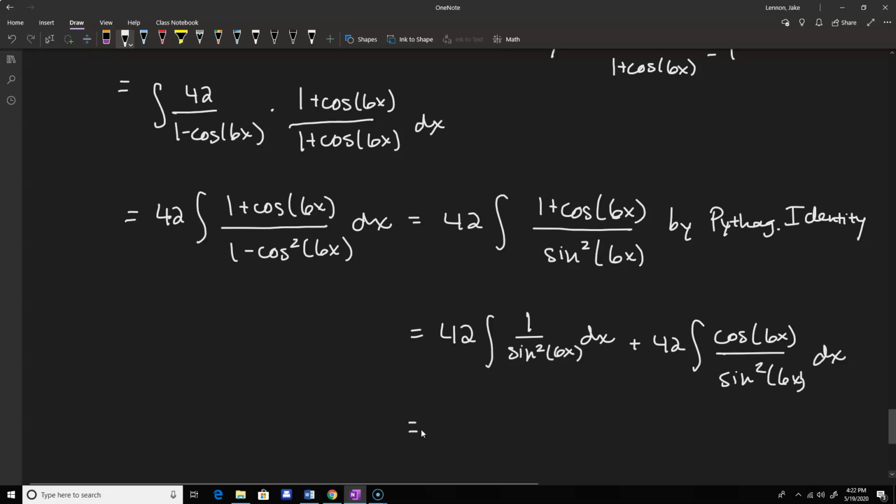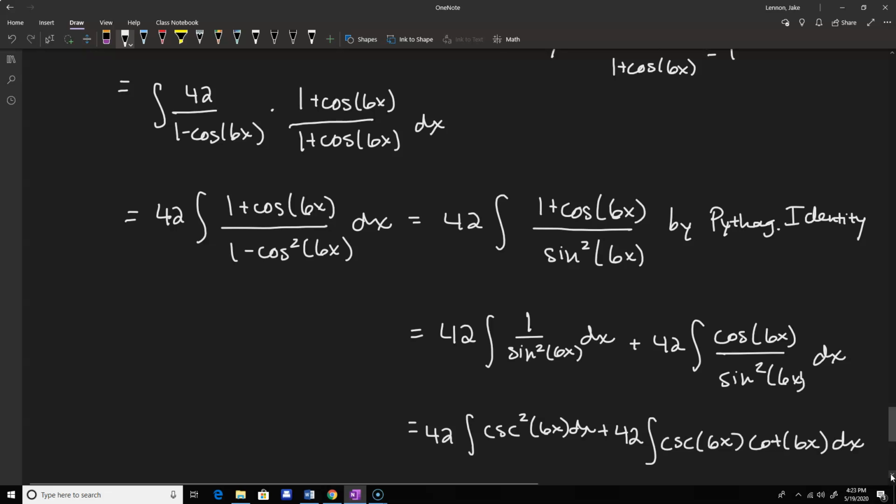So using some further trig identities, 1 over sine is the cosecant, so the first integral can be rewritten as 42 times the integral of the cosecant squared of 6x dx. And the second integral can be rewritten as 42 times the integral of, well, we'll have cosine over sine, which is the cotangent, and then we'll also have a 1 over sine, which is cosecant. So we'll have cosecant 6x times cotangent 6x dx.